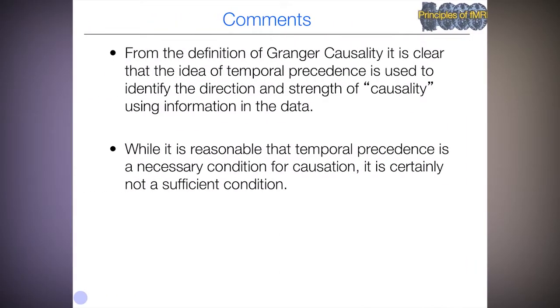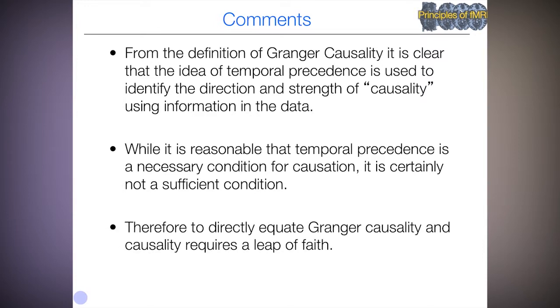While it's reasonable that temporal precedence is a necessary condition for causation, it's really not a sufficient condition. There are things that happen before another event, but that doesn't mean that that event caused the other event. So to directly equate Granger causality and causality as most people mean it requires a bit of a leap of faith. We'll talk about this a little bit more in the next module.